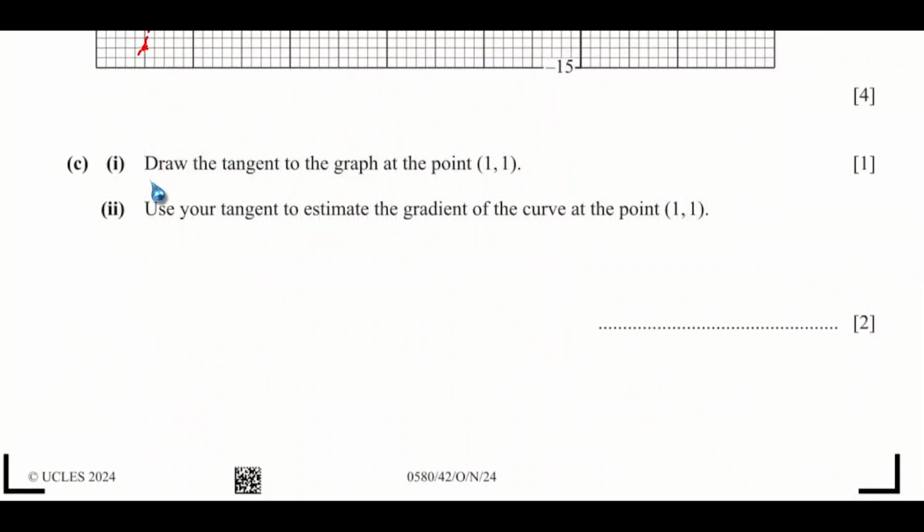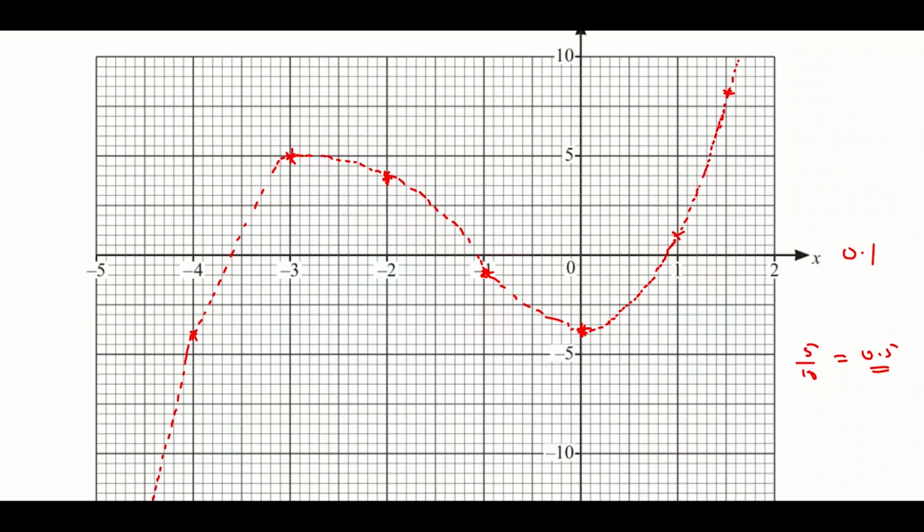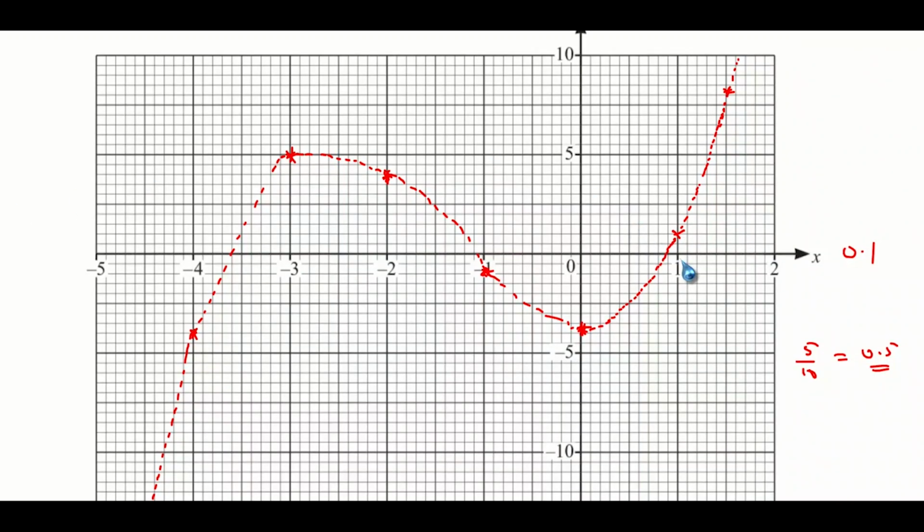That is part C, Roman figure 1. Draw the tangent to the graph at the point x equals 1, y equals 1. So this will be x equals 1, y equals 1 here. You can take a ruler and a pencil, then draw from here like this.